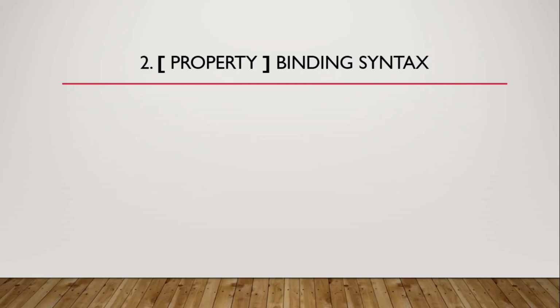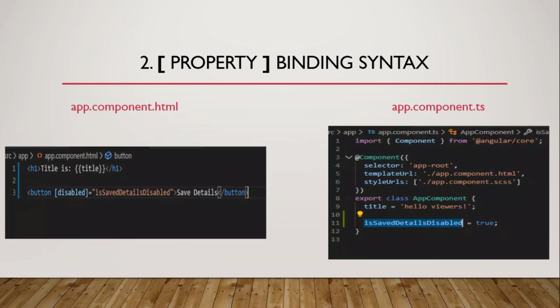Let's take an example. In this example we have a button tag, and inside the button we have a disabled property. If the disabled property is true, then whichever control it is, say an h1 tag or button or input, it will make that HTML control disabled.